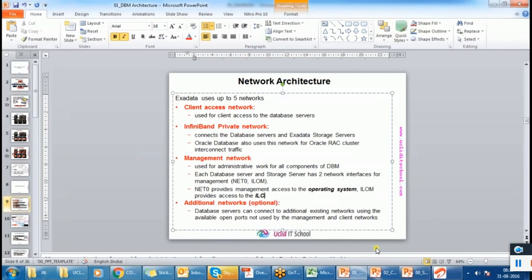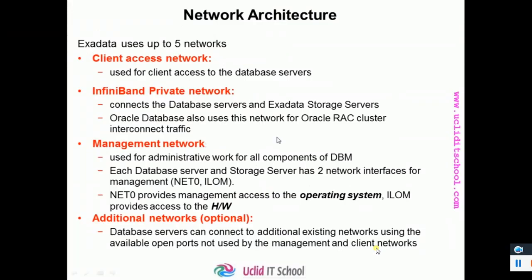This is probably new for us. Traditionally, when you deploy Oracle RAC on traditional hardware, the client access network is your public network, and in RAC you have a private network. Here the private network is InfiniBand. Apart from these two, Exadata features a management network.